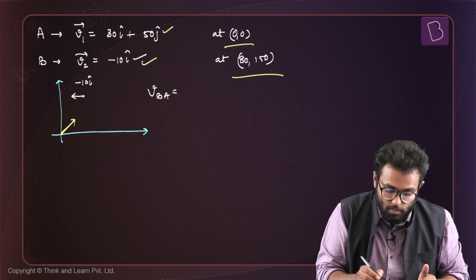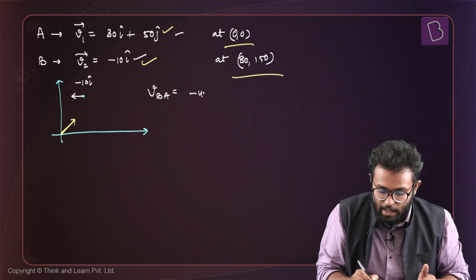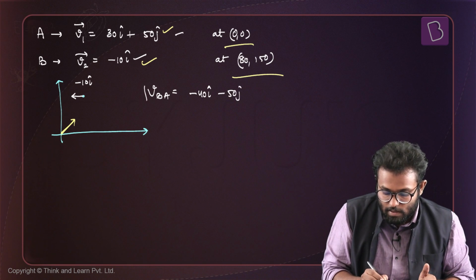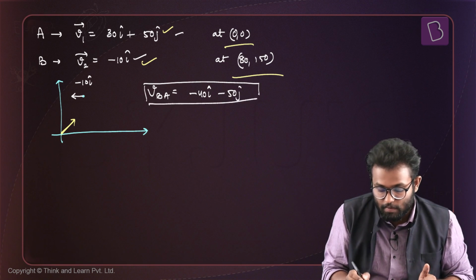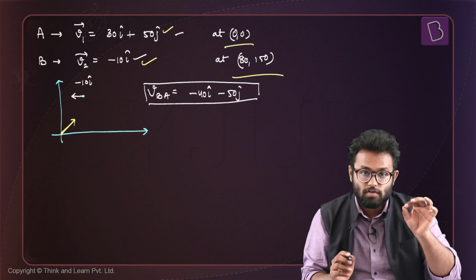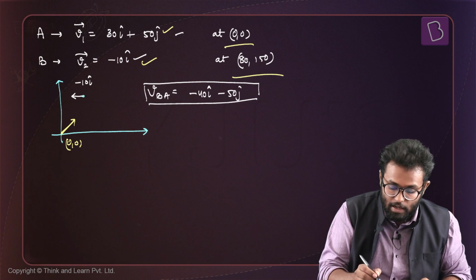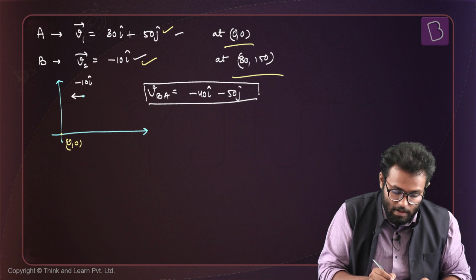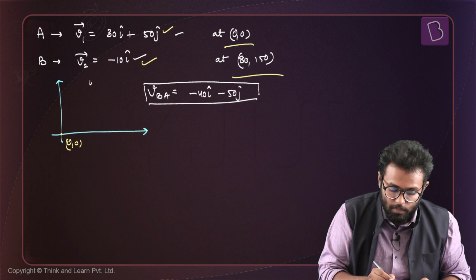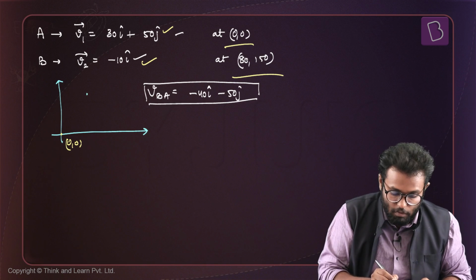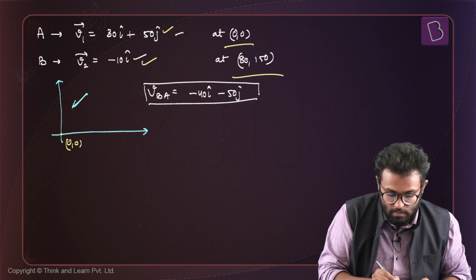If you do this minus this, you get minus 40 i cap minus 50 j cap. So this is the relative velocity of B with respect to A. Now I have fixed A where it was, at the origin 0, 0. I have made its velocity 0, and I have given its velocity in a sense to B. So from A, when I look at B, B seems to be moving something like this.